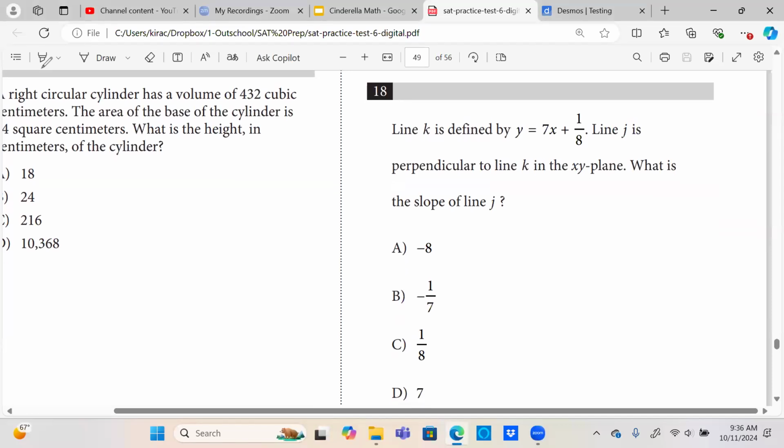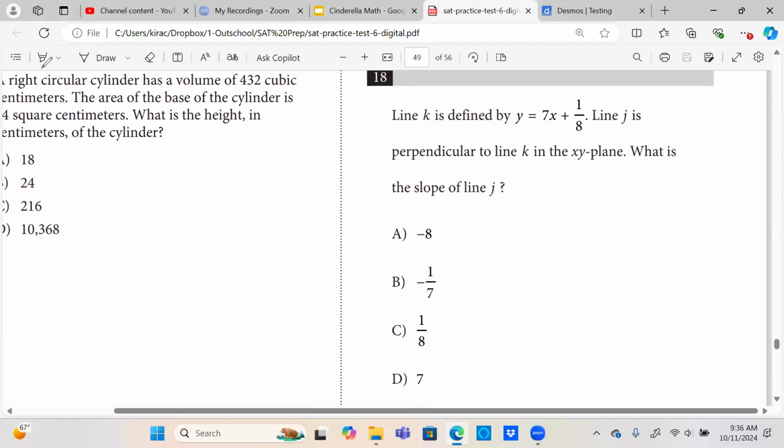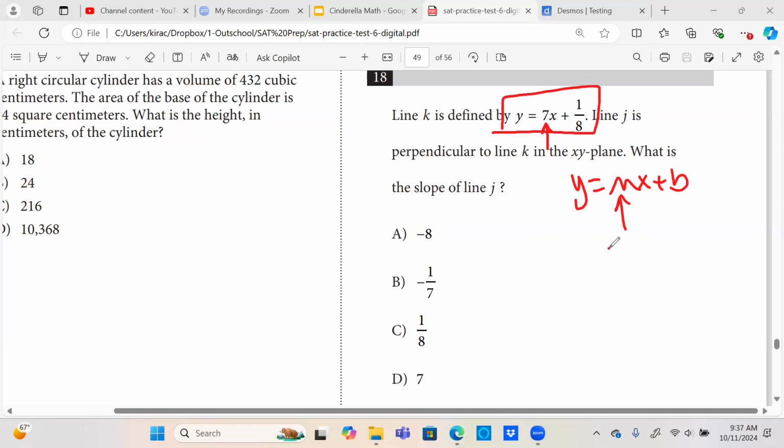Line K is defined by y equals 7x plus an eighth. Line J is perpendicular. What is the slope of J? All right, so we have this line here. We need to find its slope. So y equals mx plus b, m. There we go. So our original slope is 7.